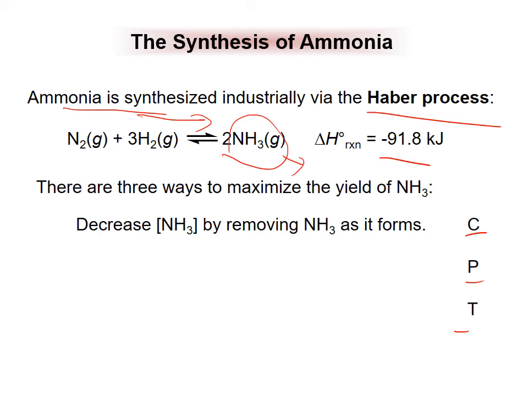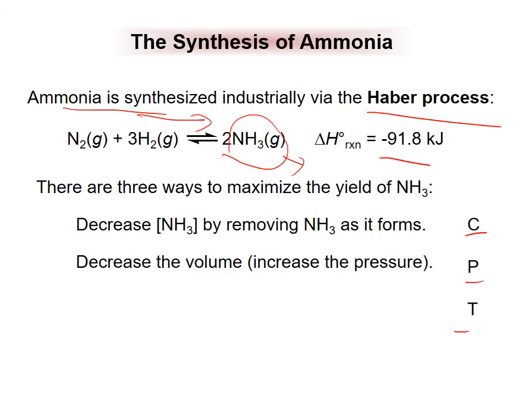The reaction is performed under high pressure. If you count the number of molecules in the forward reaction, on the left side you have 4 molecules, on the right side you have 2 molecules. So if you increase pressure, according to Le Châtelier's principle, the reaction will favor the forward reaction because this will counteract the pressure increase.